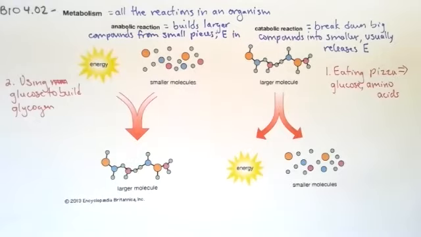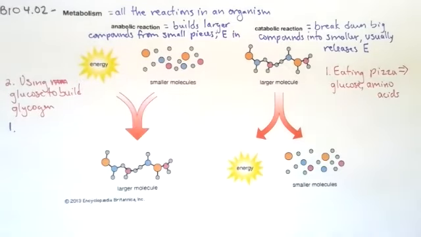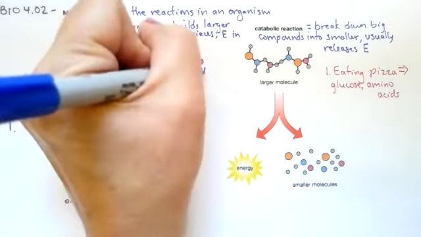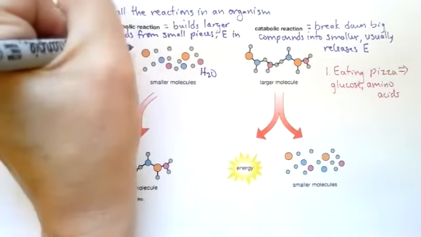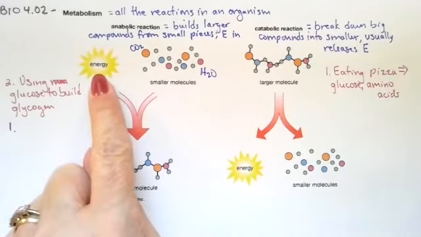All right, in this chapter, one of the examples we're going to do, starting over on this side, is take small molecules, like water and carbon dioxide, and put those together in the presence of energy.